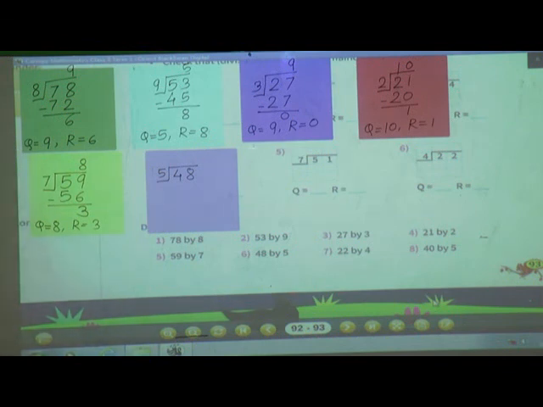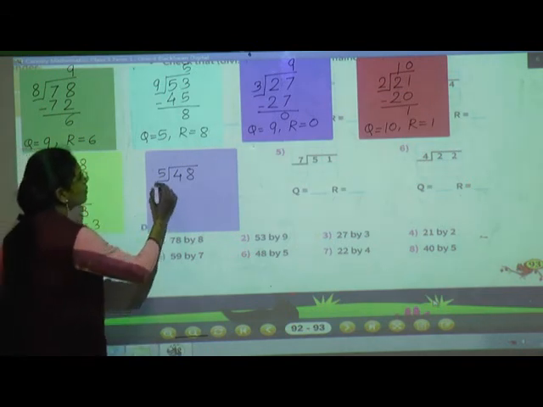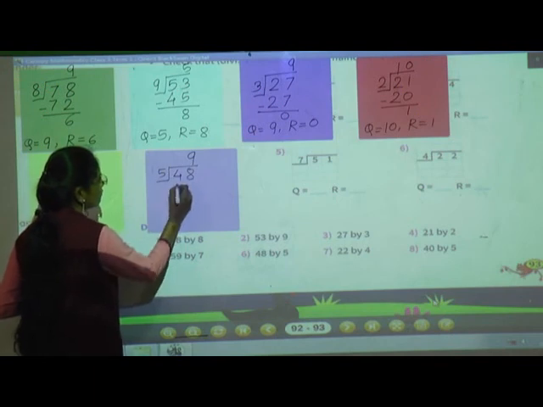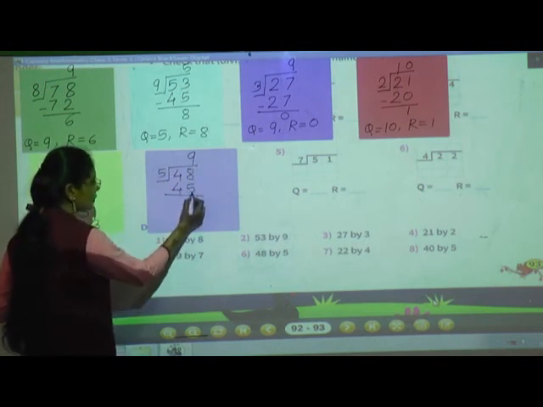Is 48 there? No, 48 is not there. Then which number is smaller than 48? Yes, 45 is there. How many 5s make 45? 5 9s are 45. Say 5 9s are 45.